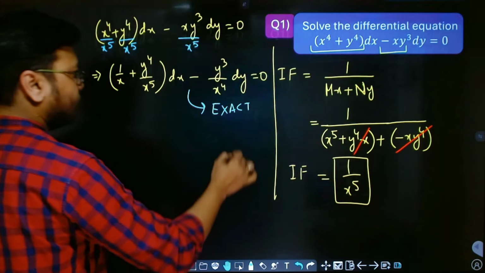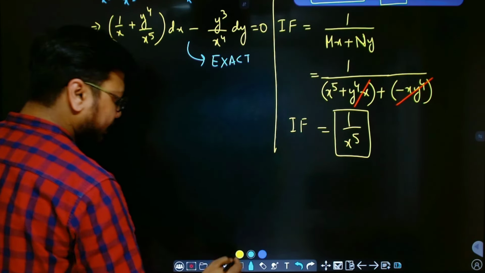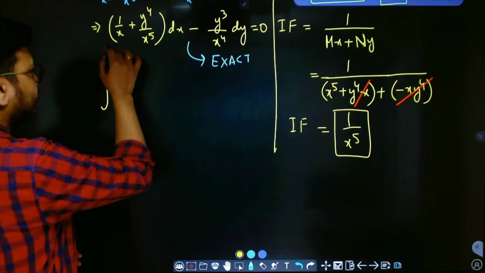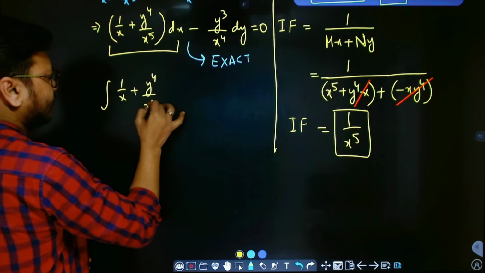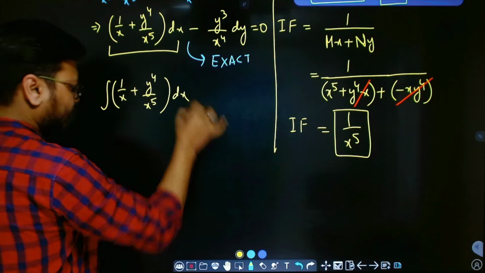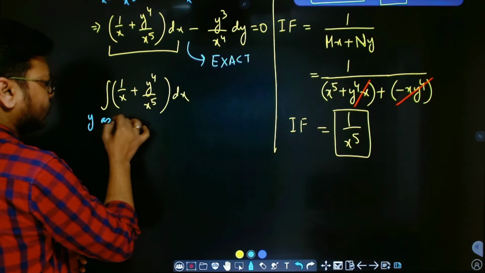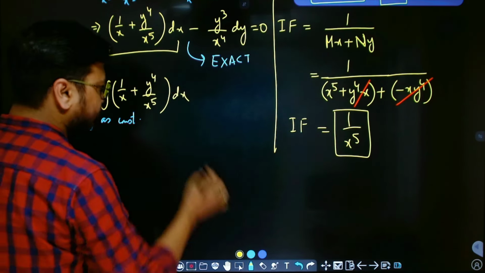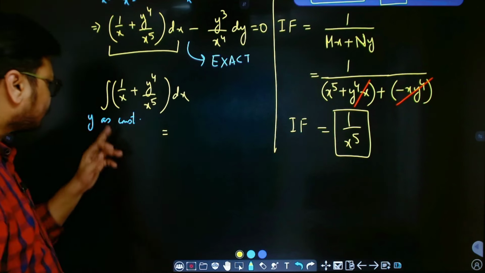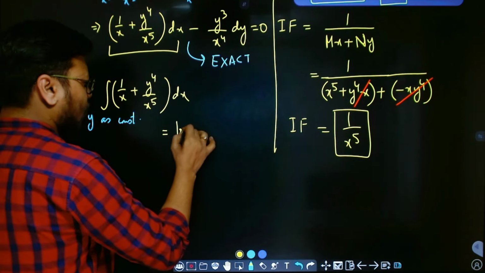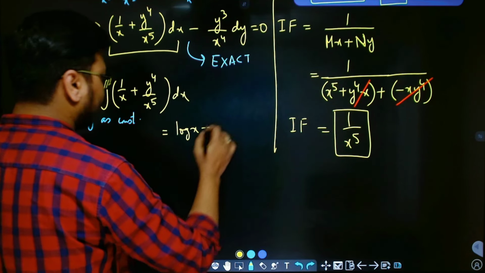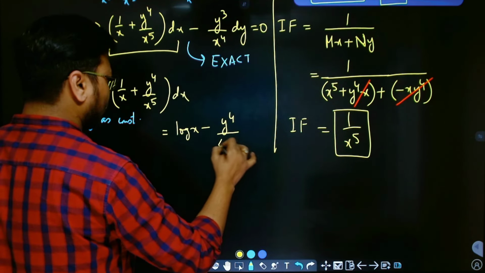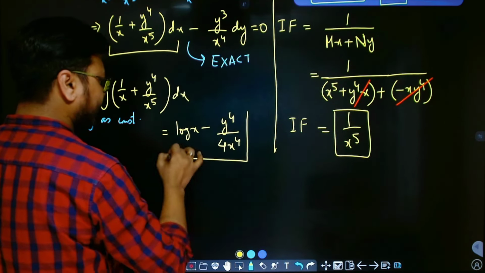So now I'm going to find the integration of this portion, 1 upon x plus y to the power 4 by x to the power 5 dx, treating y as constant. So this would become log x plus, with a minus sign, minus y to the power 4 by 4x to the power 4, right?